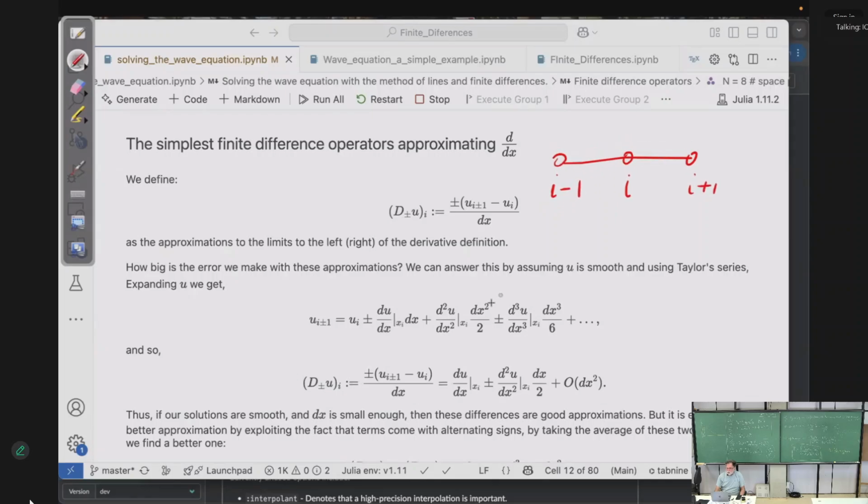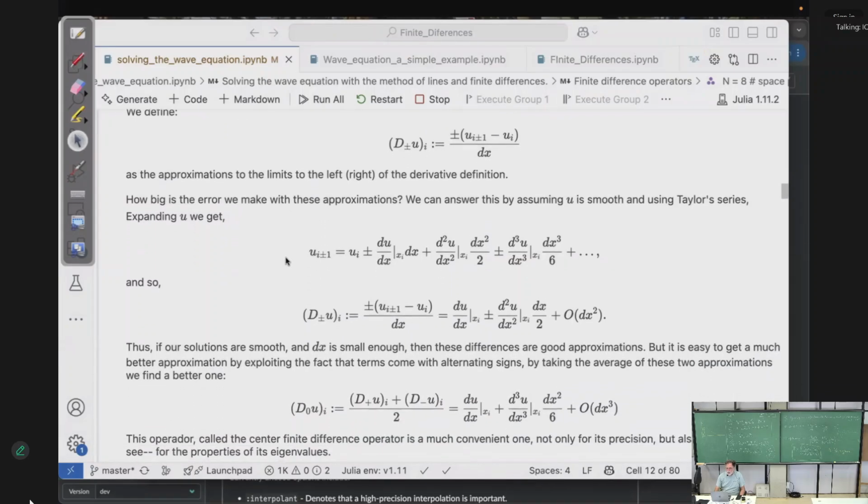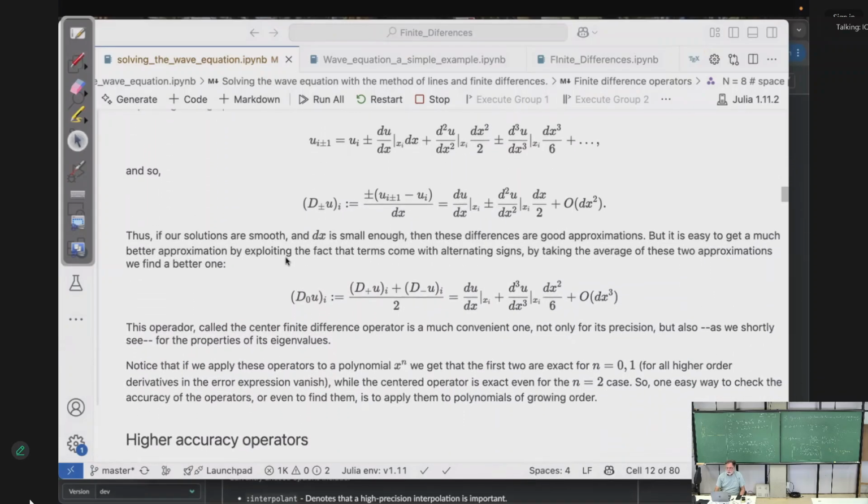So to see what is the error we are making, we can do Taylor series expansion of u, assuming that u is sufficiently smooth, and then you can check that this thing is just the derivative at the point plus some error that goes like dx.